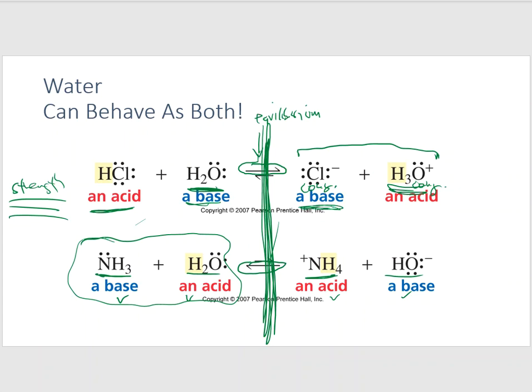Because that's going to be the number one question that they're going to ask from this section. If you have this reaction, and here are your reactants and your products, which side does this equation prefer to stay on? The left-hand side or the right-hand side? And the way that we answer those is looking at the strength of the acids or bases that are involved.